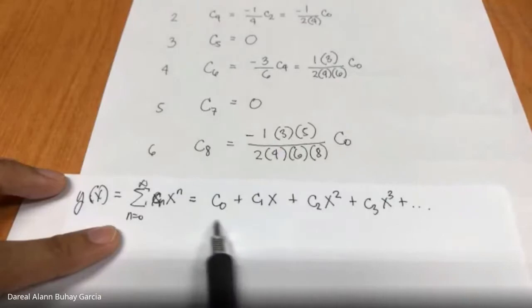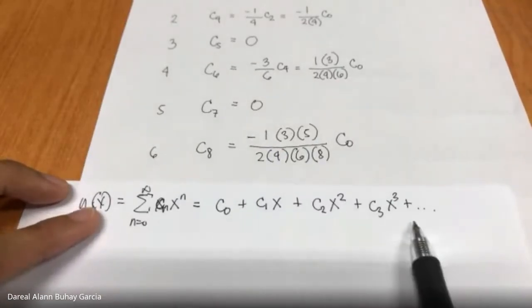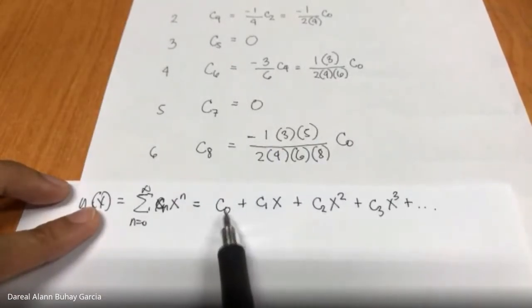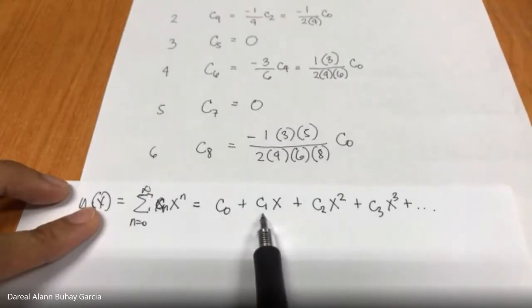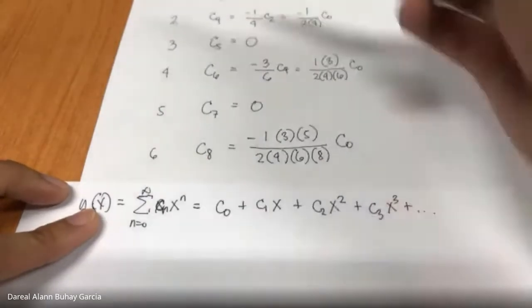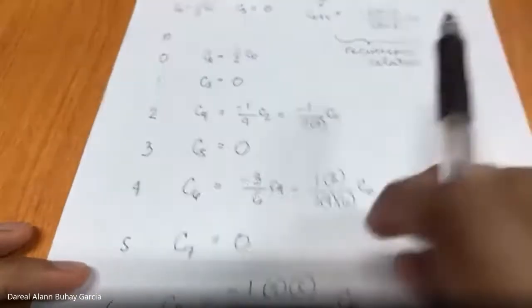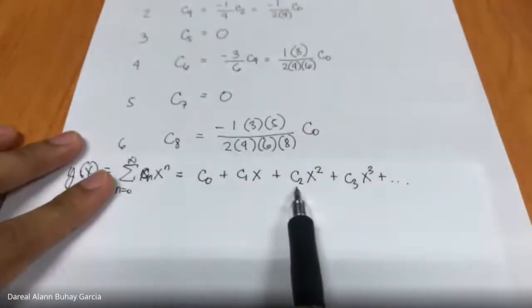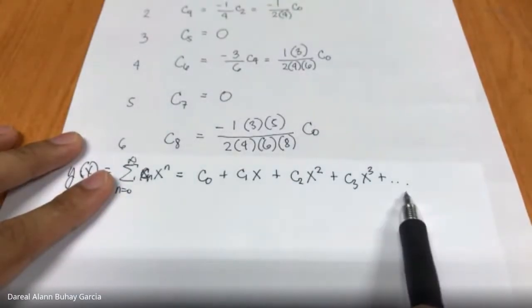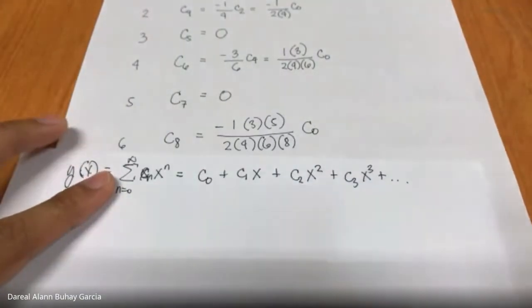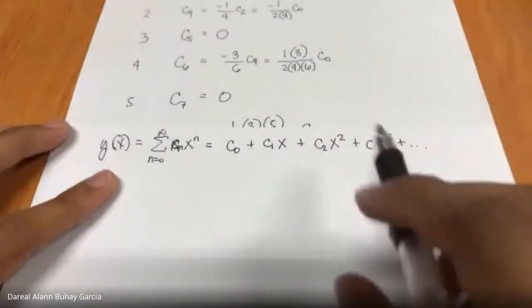So, again, arbitrary c sub 0, c sub 1. What we performed above, these are the coefficients of each of these elements, or parts.